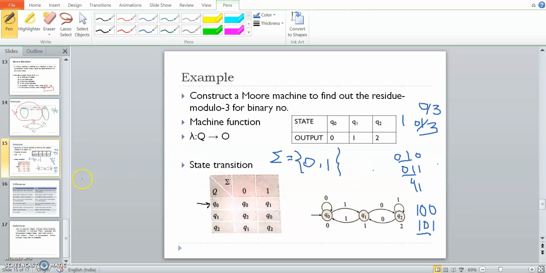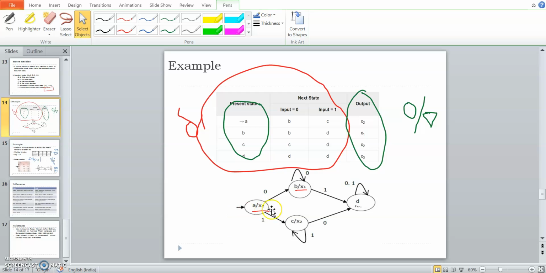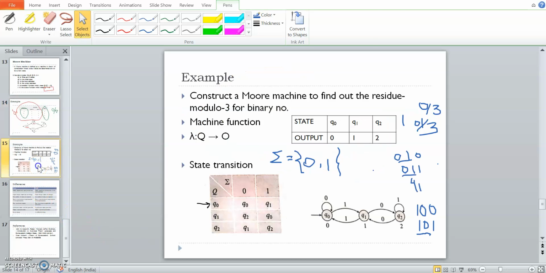Remember earlier what we have seen here, output is written in the state, right? Oblique x2. Now here, we haven't written q0 oblique 0. That is one way to write, or you can write like this. Below the state name, I have written whatever outputs are associated with the states.